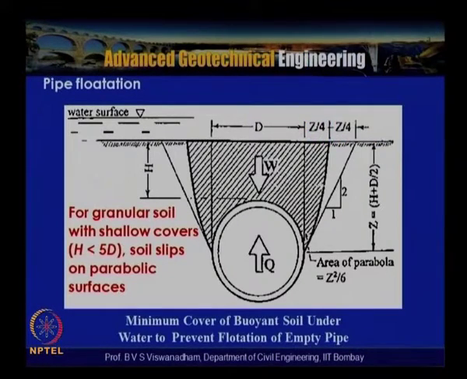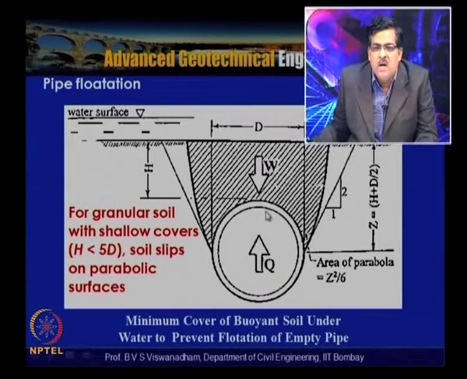In this slide, a typical wedge failure is shown, obtained based on model tests. The water surface is at this level, h is the embedded depth, d is the diameter of the pipe, and this is the wall thickness. For granular soil with shallow covers, h less than 5d, the soil slips along a parabolic surface.